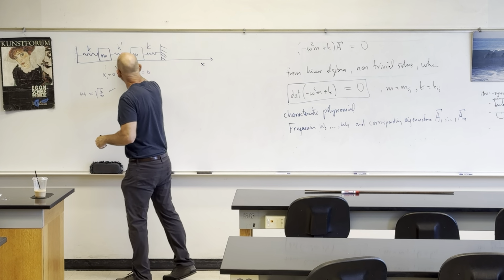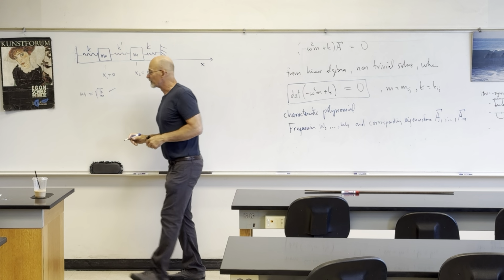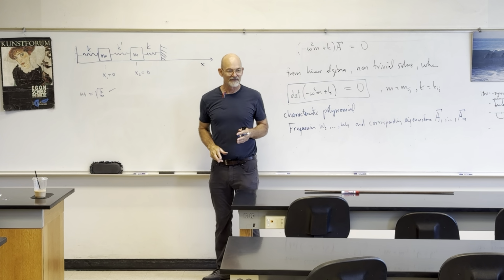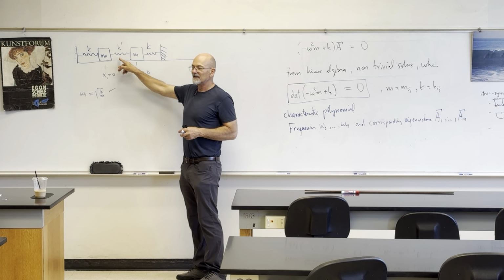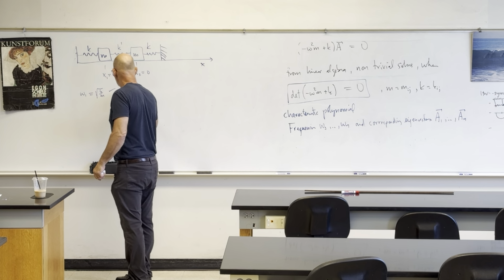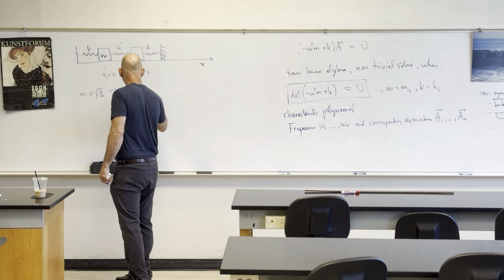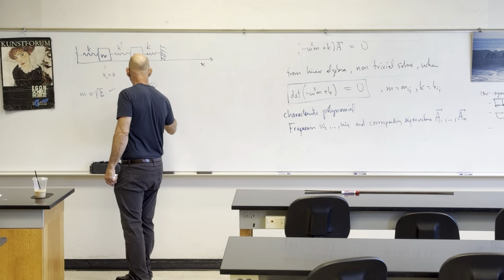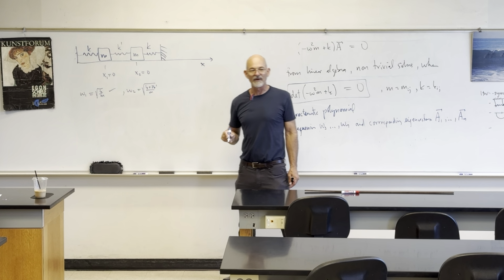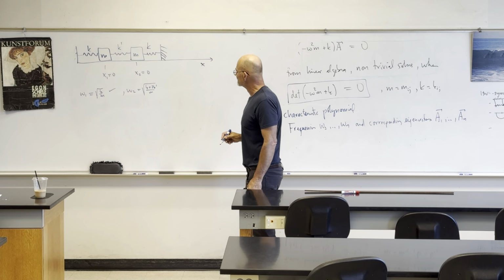Because we did it symmetrically, that spring is effectively cut in half, and it has twice the spring constant. So what we'll find is omega 2 will be root of k plus 2k prime over m. We're actually going to discover that by going through the whole formalism.